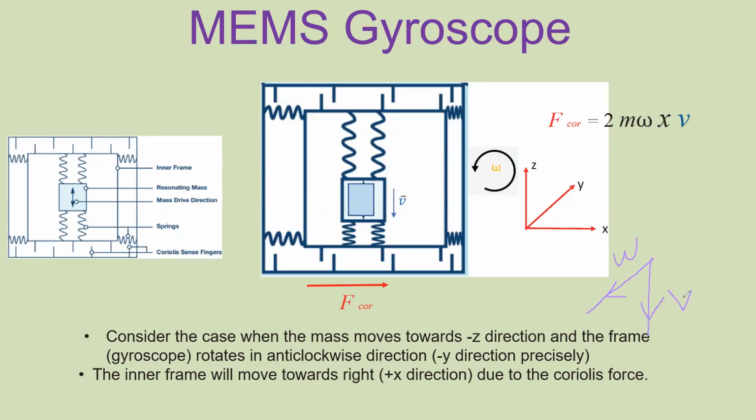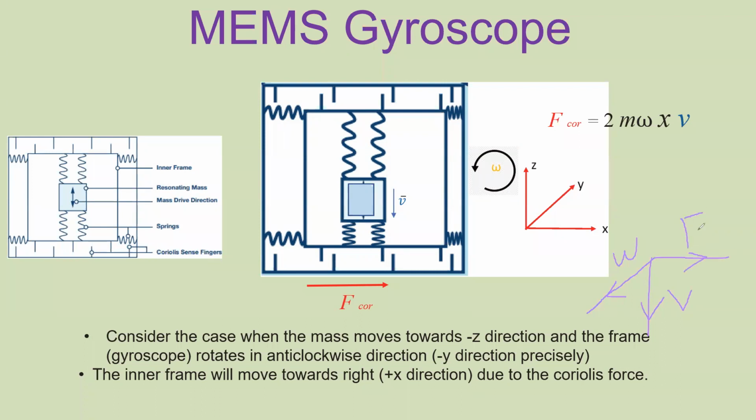Okay, now curl your fingers from omega to V. So omega is out of the screen, towards V. Out of the screen towards V, you get from the right hand rule this direction.